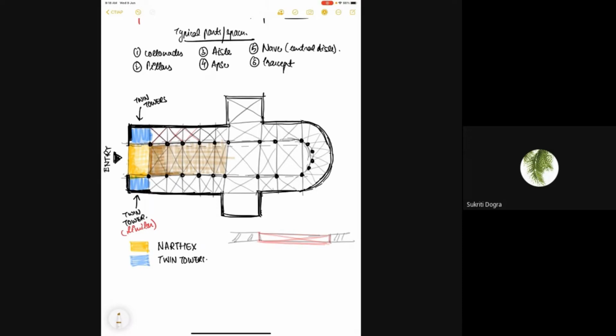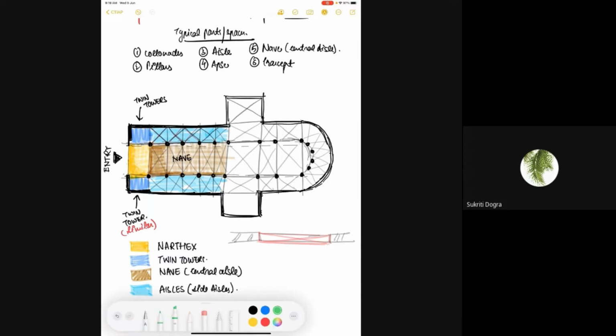This portion is called the nave, and nave is also referred to as the central aisle. The portion that you are seeing around your nave, this whole portion around the nave, is the aisle. This is also called the side aisle. In all these three portions that you are seeing, this blue one and this one, these are called aisles. So the central one is called the central aisle or nave.